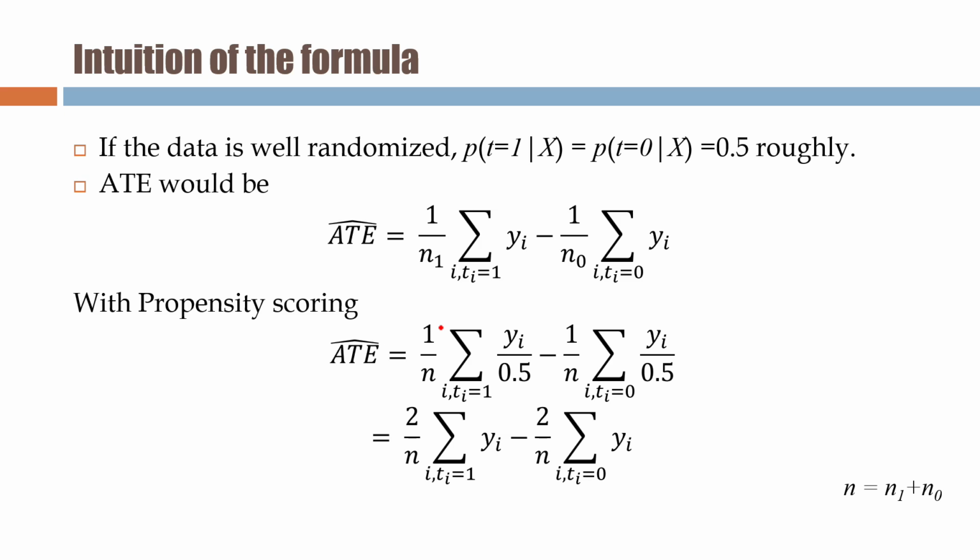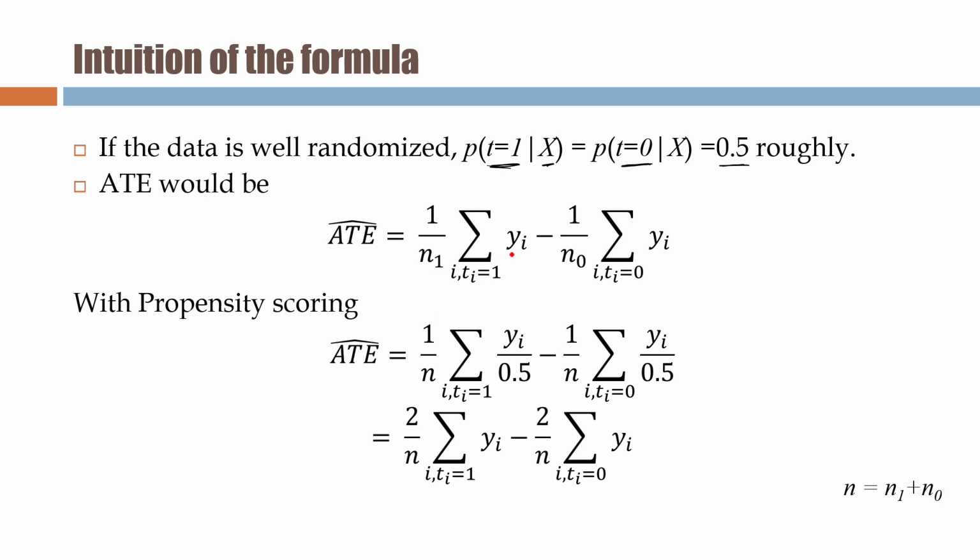The intuition of the formula, why that is working. Actually, if you think about it, the data is really well randomized. So given x, the probability of t equals 1 will be 50%, and the probability of t equals 0 will also be 50% roughly, right? So if you just apply that to the original ATE, actually this is not an ATE.